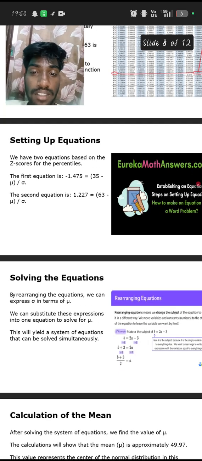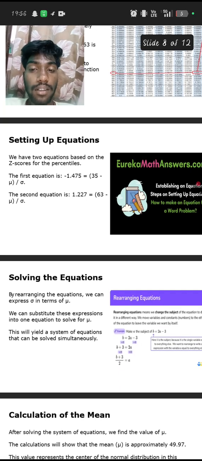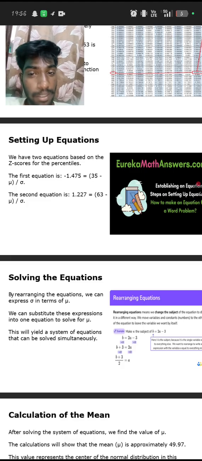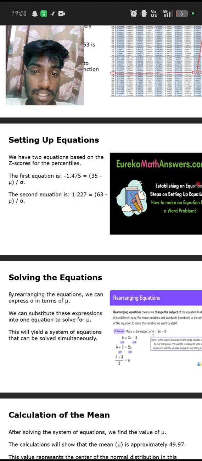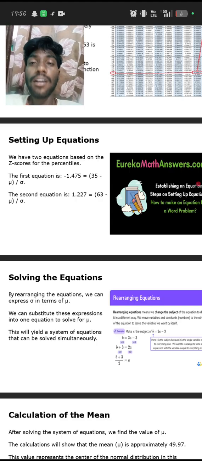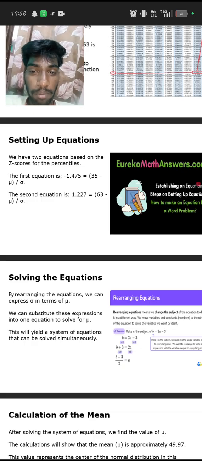Setting up equations, we have two equations based on the Z-scores for the percentiles. The first equation is minus 1.475, which we got earlier, equals 35 minus mu by sigma. Earlier we discussed the Z-score formula, which we applied here.